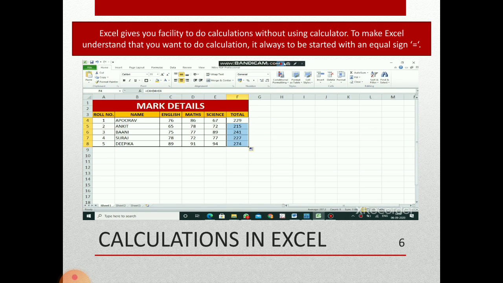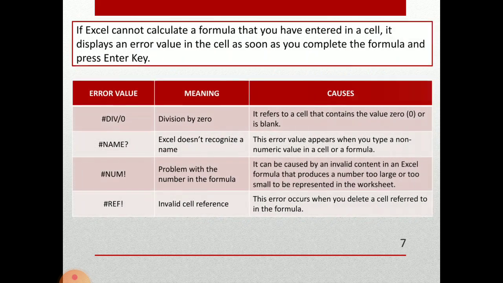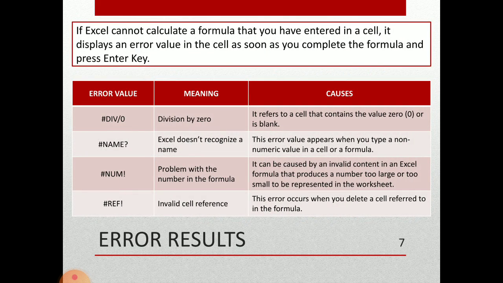So our next topic is error results. If Excel cannot calculate a formula that you have entered in a cell, it displays an error value in the cell as soon as you complete the formula and press the enter key.